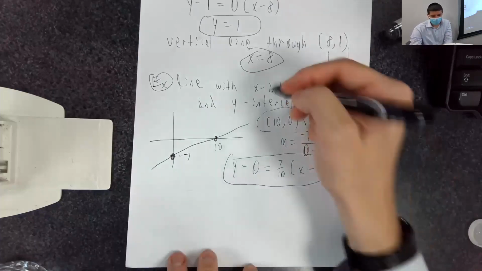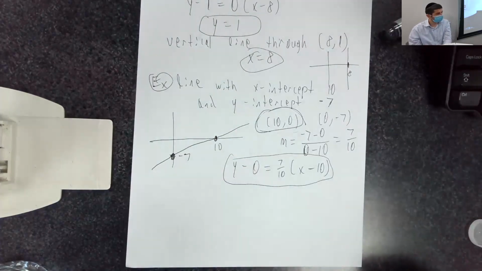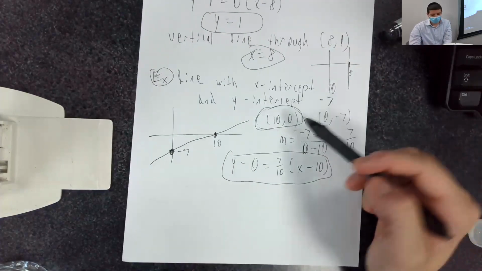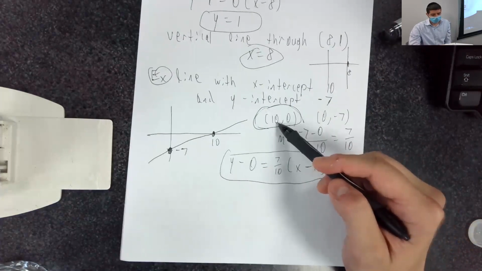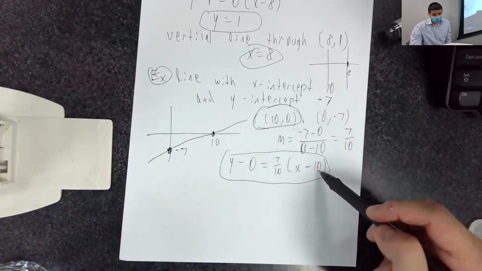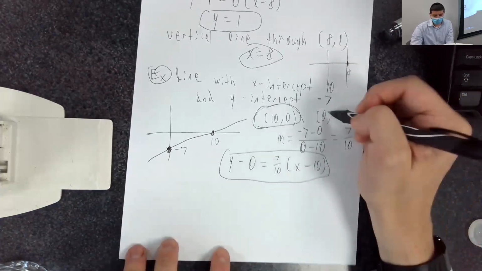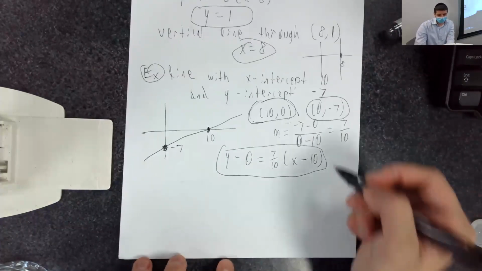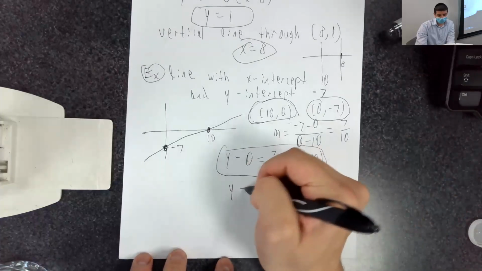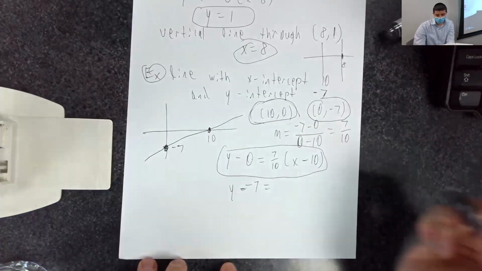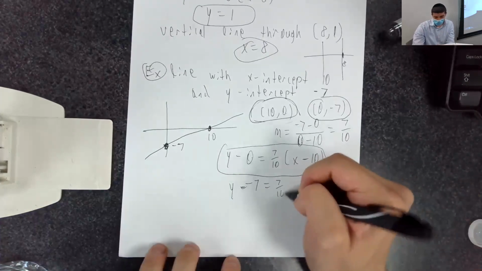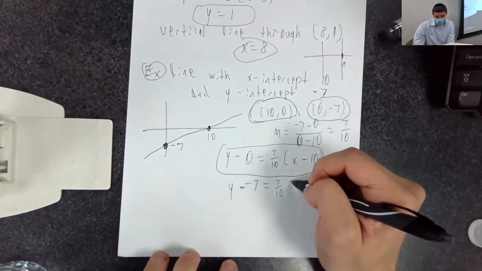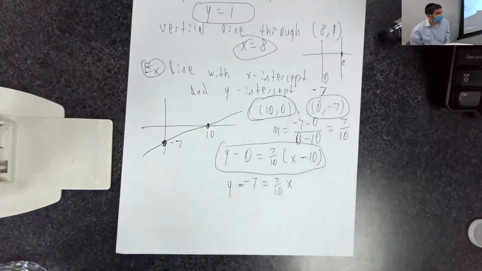So I picked 10 comma 0 for my point, so then the x coordinate is 10 and the y coordinate is 0. If I pick 0 comma -7, then it would be something like what you're saying. So it's y minus -7 is equal to 7/10 times x minus 0, so just x. Was that your question?